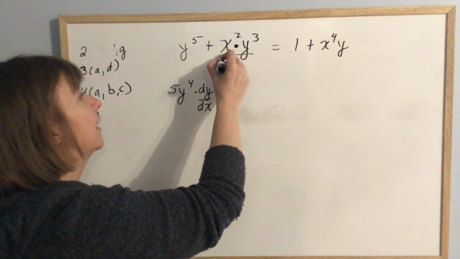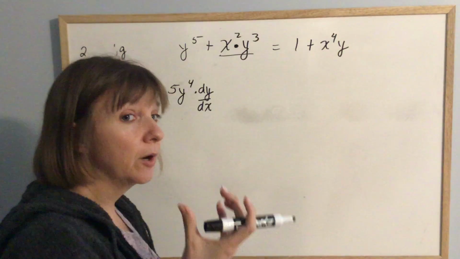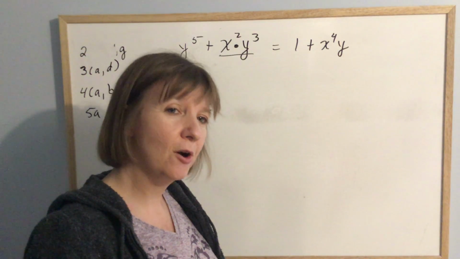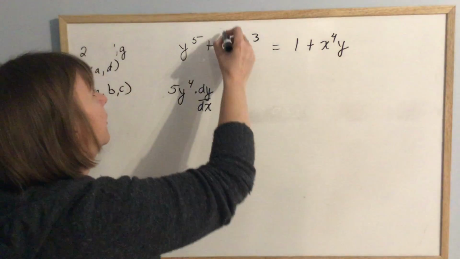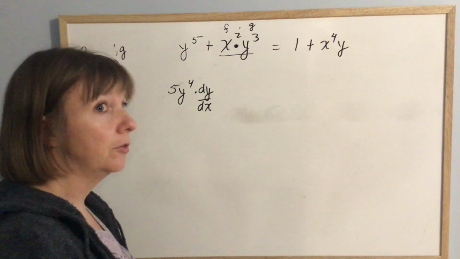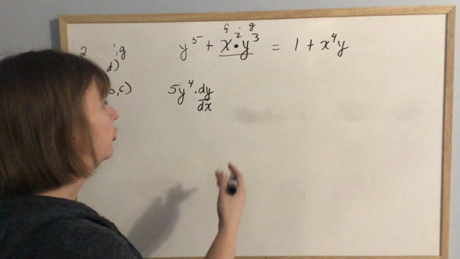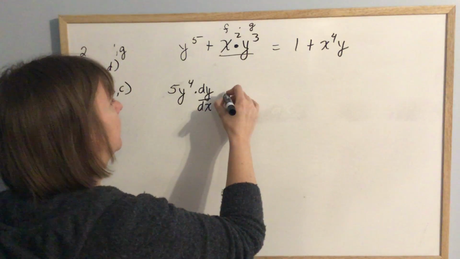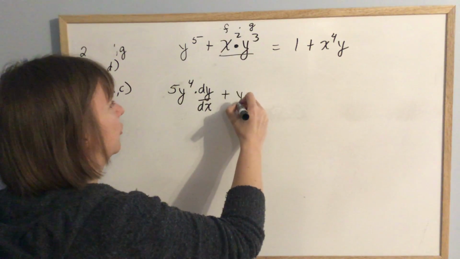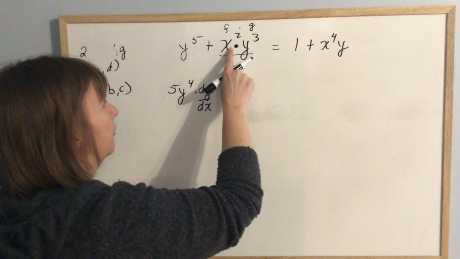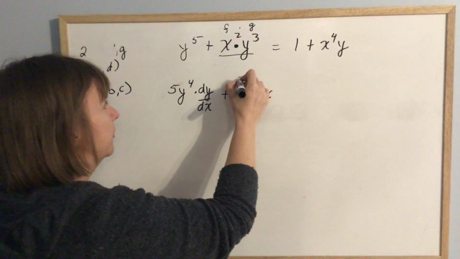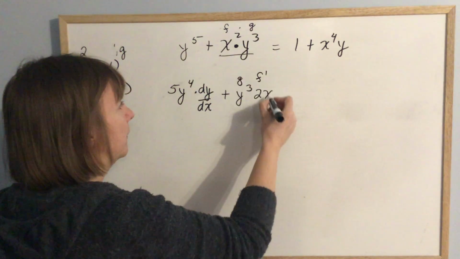When I'm multiplying two things together and I want to do the derivative, I have to do the product rule. So this part would be f and this part would be g. The product rule says g f prime, so plus g, which is y cubed, f prime. Derivative of f would be 2x. So there is my g f prime.